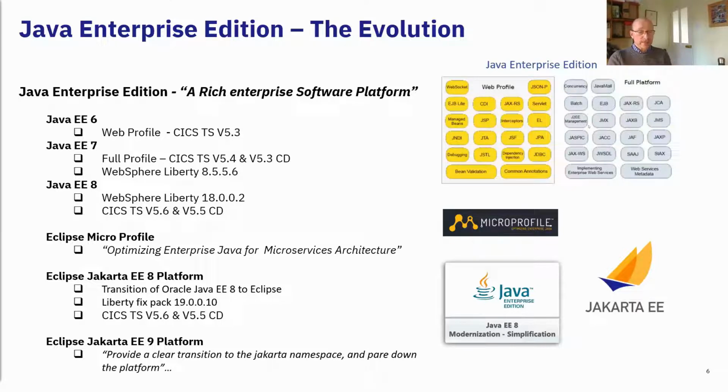However, it's worth pointing out that the Jakarta EE8 full platform and the Java EE8 are technically equivalent. So this was a naming change, and a sort of transition of power between Java EE and Jakarta EE8. And then as we get to Jakarta EE9, there'll be more evolutions coming along.